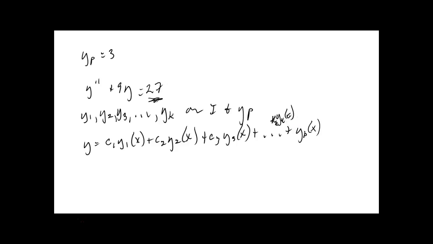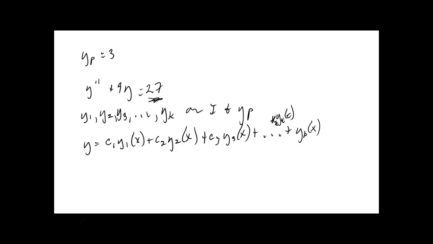All those were solutions to whatever your new differential equation is. Okay, and y sub p is a particular solution. These can have the arbitrary constants all the way up. Every one of those has its own arbitrary constant. The sum of those together is a solution, but also the sum of those plus your y sub p. It could be a function of x as well, that particular solution. Okay? That's also a solution for the non-homogeneous equation.